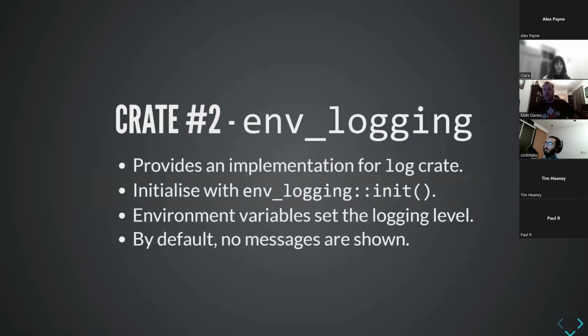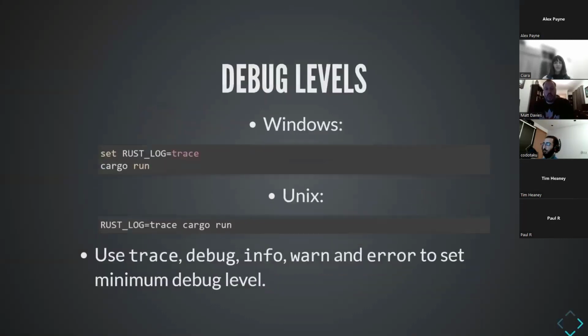And the reason why it's called env_logger is because it uses environment variables to set the logging level. And initially, by default, no messages are shown at all. But you can change that by setting the minimum level of logging you want. And so if you want all the messages you can possibly have in your app, you will set the logging level to trace.